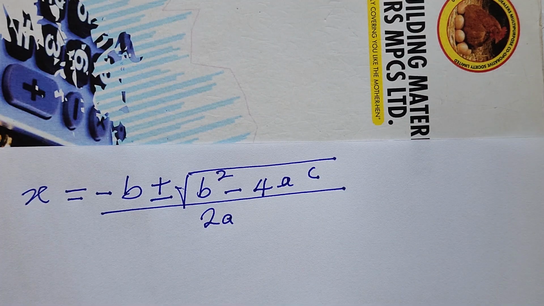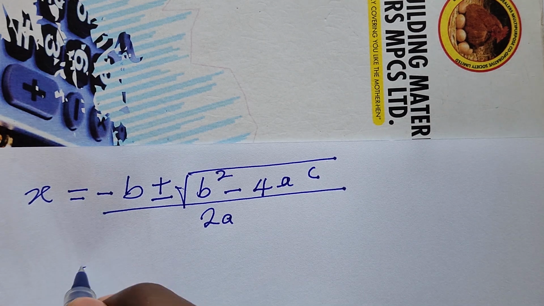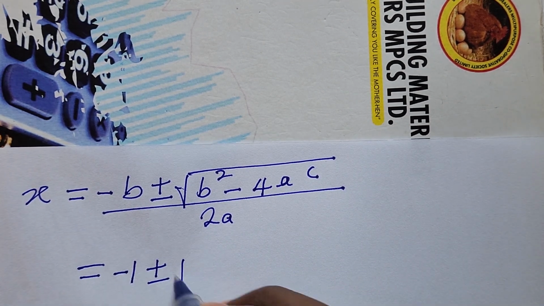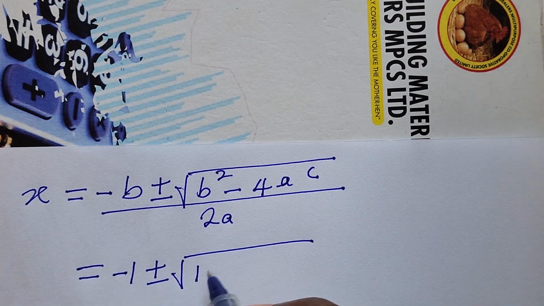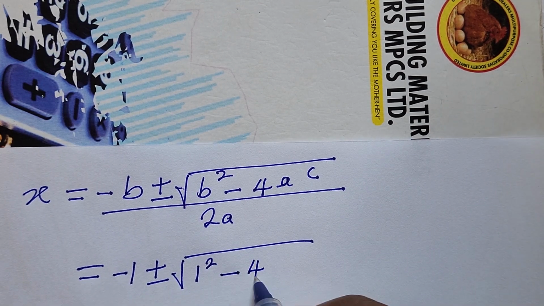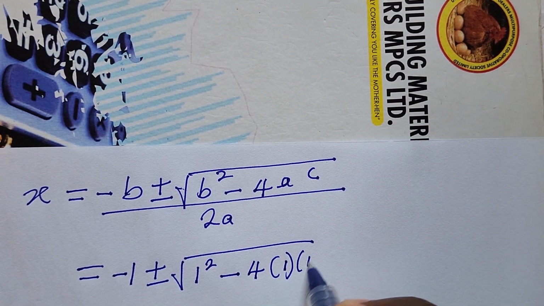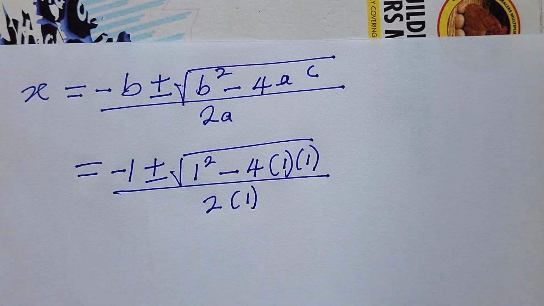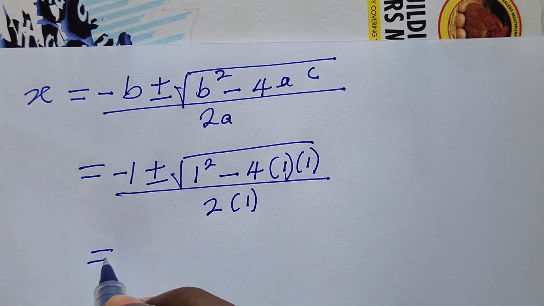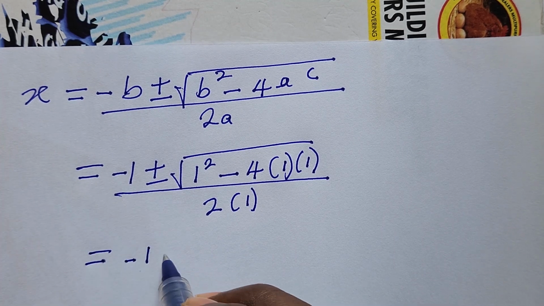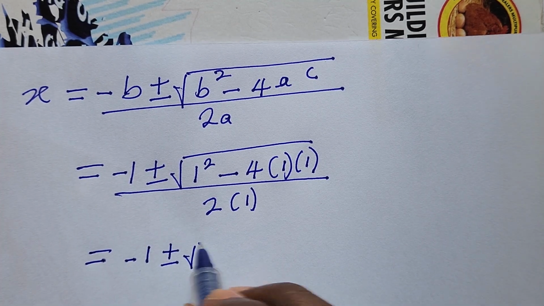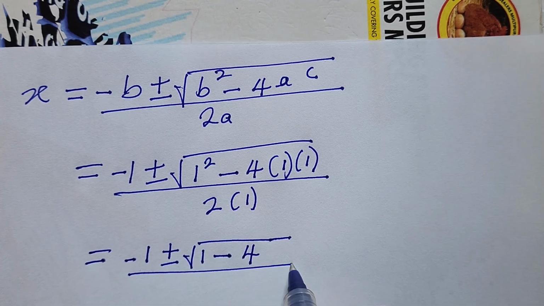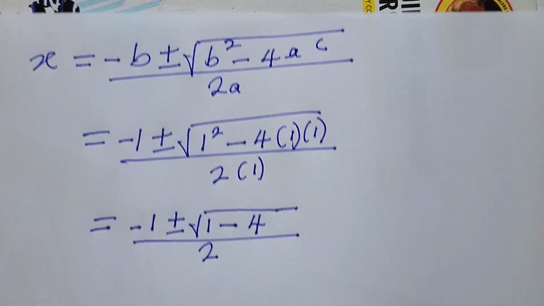Having searched for our a, b, and c, this will now give us minus 1 plus minus the square root of 1 to the power of 2 minus 4 into 1, everything all over 2 into 1. Okay, so this will in turn give us minus 1 plus minus the square root of 1 minus 4, everything all over 2. Easy.